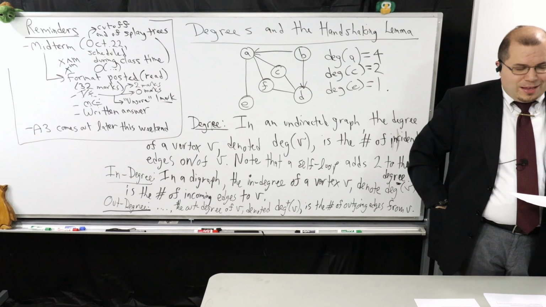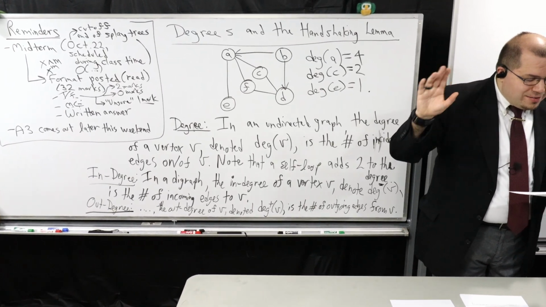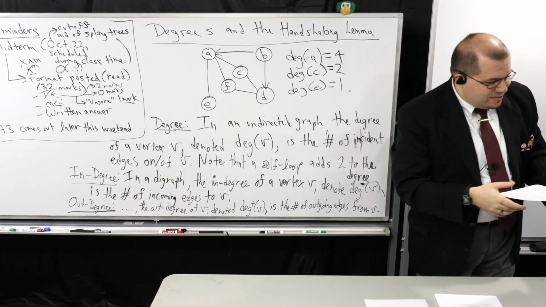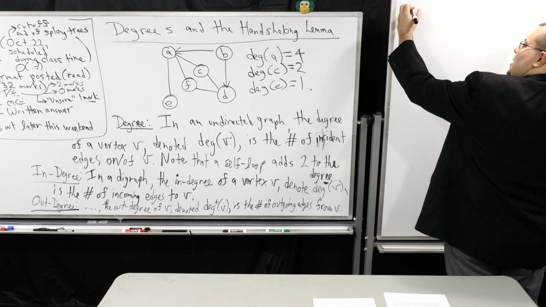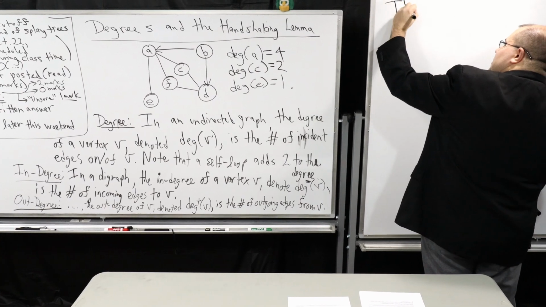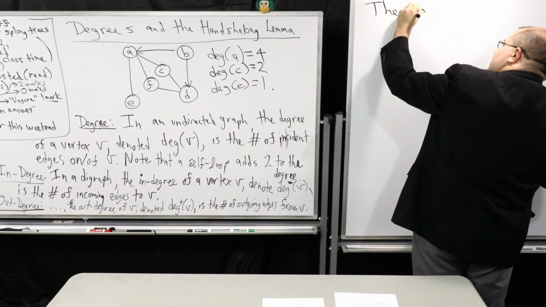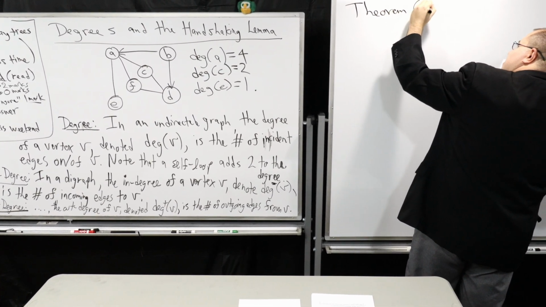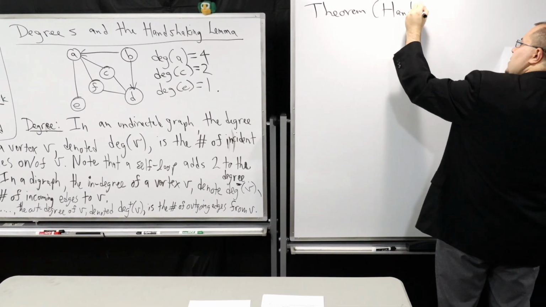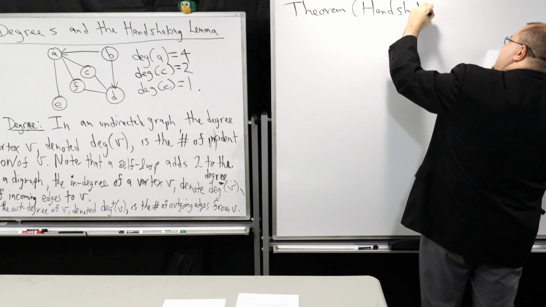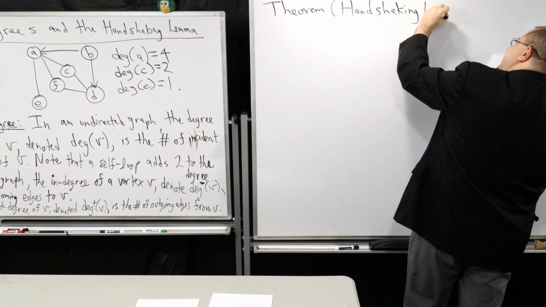So let me proceed to what is a very classic result that's very cute and very easy to prove. It's often referred to as the handshaking lemma or the degree sum formula. Like I said, this result is very cute.